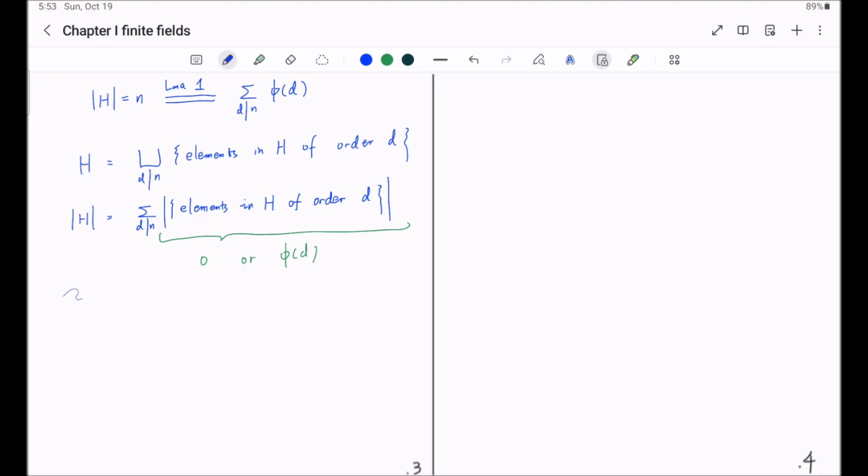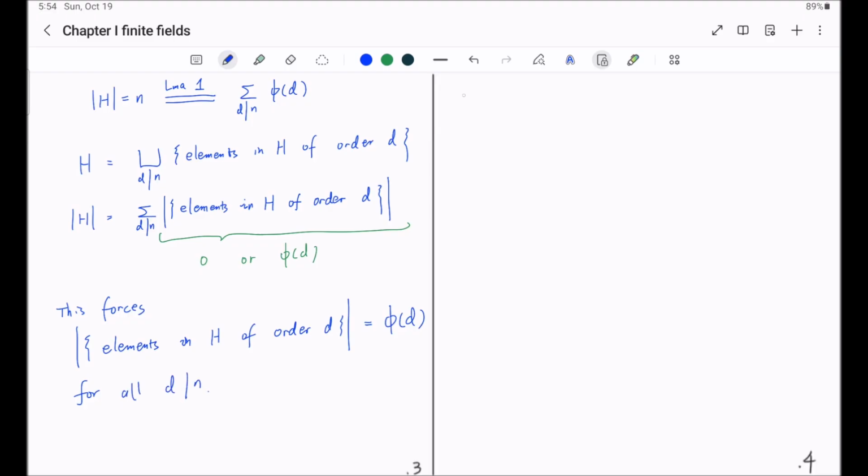This forces the number of elements in H of order d to be equal to phi of d for all d dividing n.